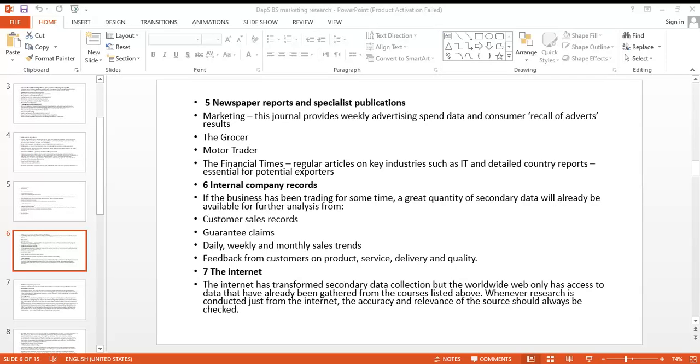There are PDF files available, and there are journals which you can actually purchase off the internet. And then there are websites of government agencies, of the World Bank, of the IMF. You have a lot of information there which you can access on economic trends.